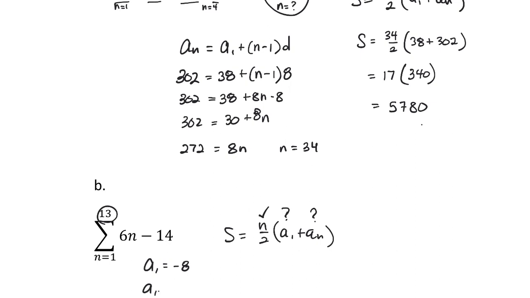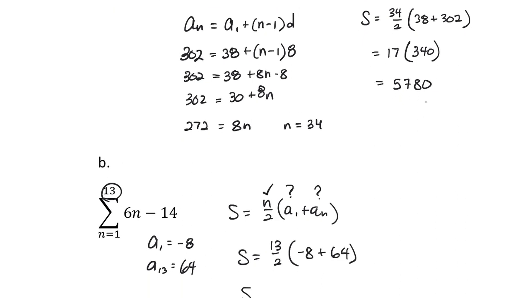So the 13th term is 64. So now the partial sum of the first 13 terms of this sequence becomes half of 13. And then the first term was negative 8, 13th term was 64. So we have half of 13 multiplied by 56.